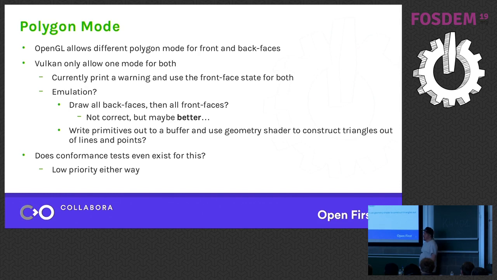So we currently just issue a warning if they're different, and use the front face state. I haven't seen any applications fail with this, but as we test more applications, I'm sure there are some CAD applications that aren't going to render correctly.